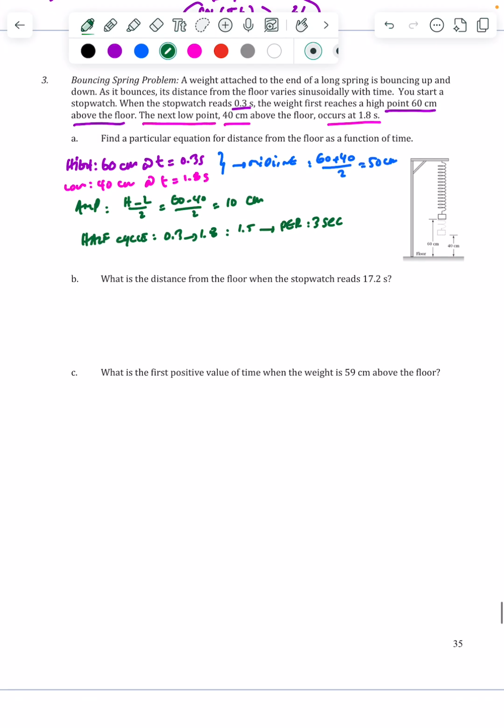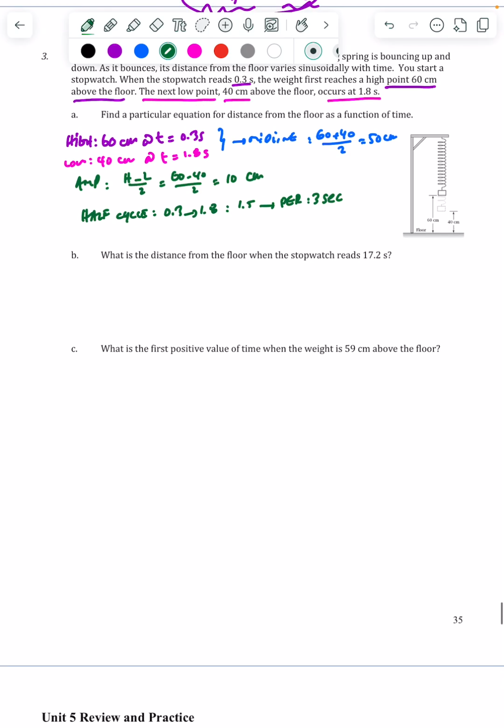Then it says a high occurs at 0.3, that's where we start. That means you start with cosine and then it's shifted to the right. So you start at positive a.